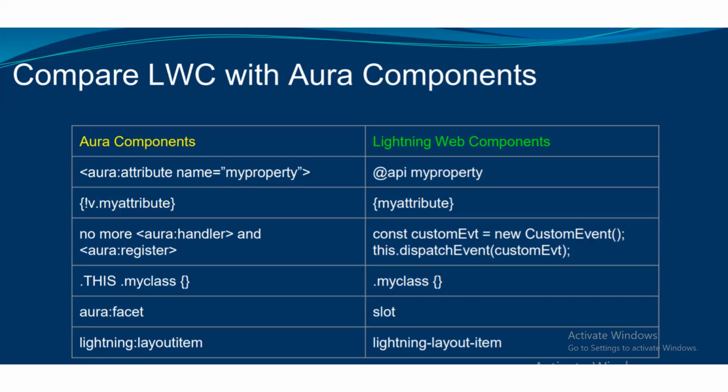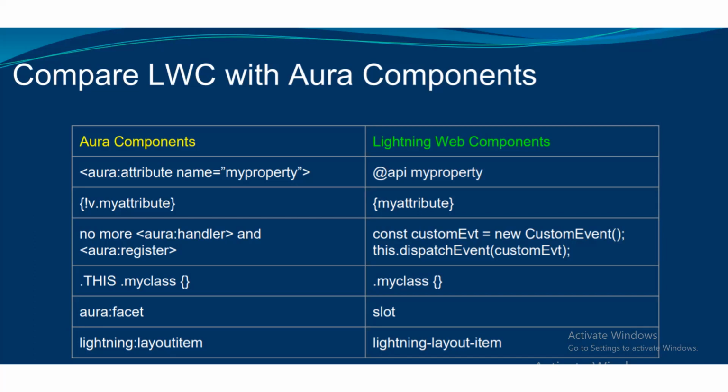Then we don't need to use handlers and register here. We just need to use a custom event, and then we can dispatch that. In Lightning Aura components, we used to have component events and application events, which was very tedious because we used to create a set of different events, that is an application event and a component event, and then we used to use them in our Aura component files.